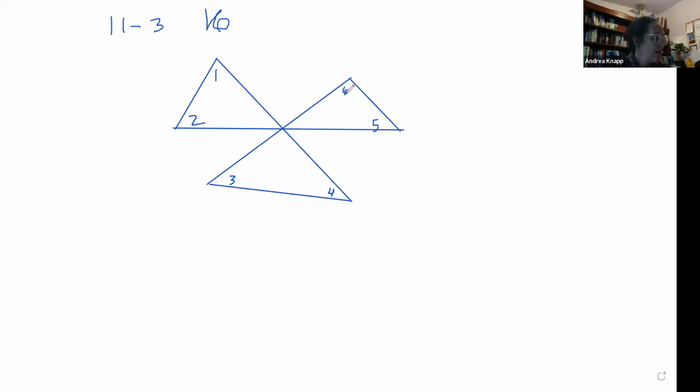All right, so what I am noticing here is that because, well, you tell me, the 3 angles in a triangle always add to what? 180. So we can call this one 180 minus angles 1 plus 2.